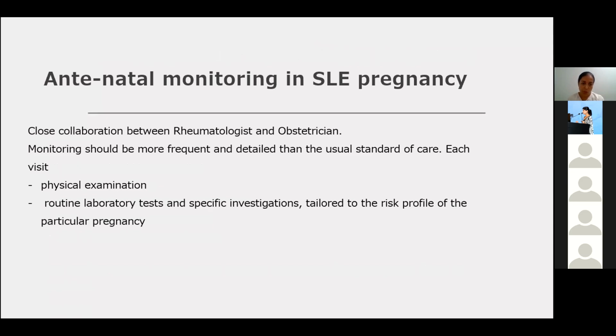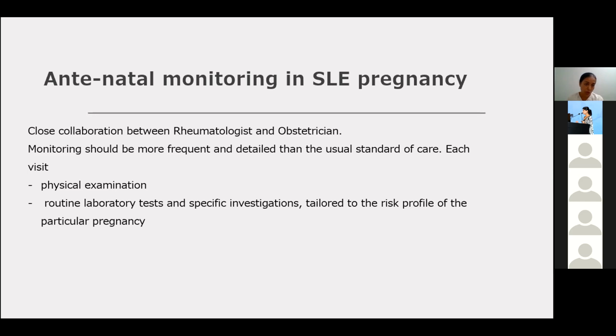So when we consider a pregnant mother who has no complications, we have to monitor them regularly and very frequently to assess for any complication development.